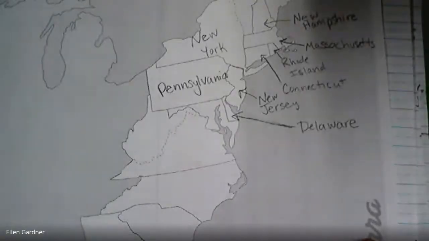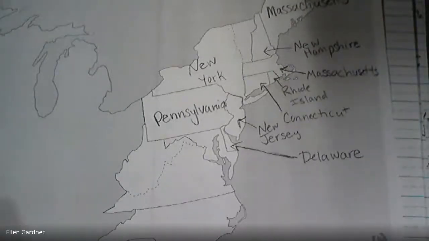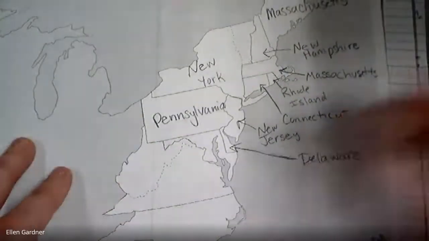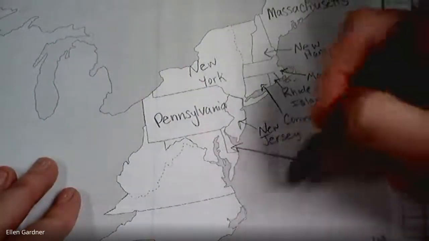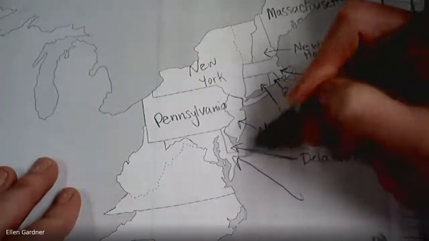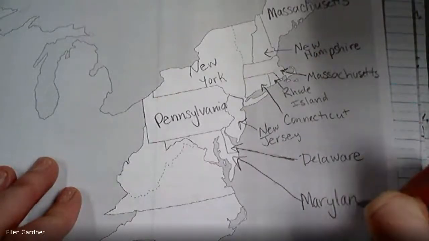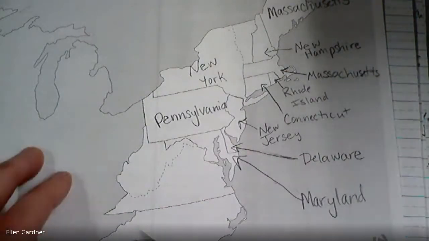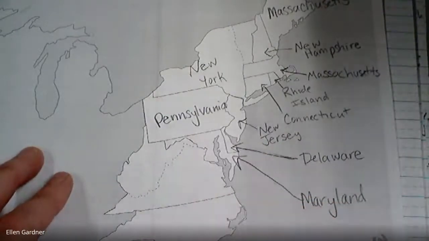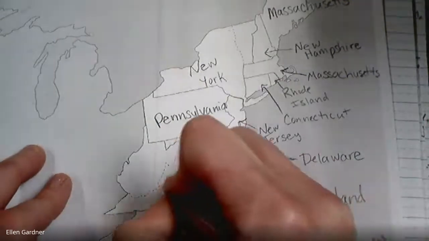Oh, sorry about that. So next down the line is Maryland. Maryland. Now, this is West Virginia, but it wasn't one of the colonies, so we're not going to label it. But this is Virginia.